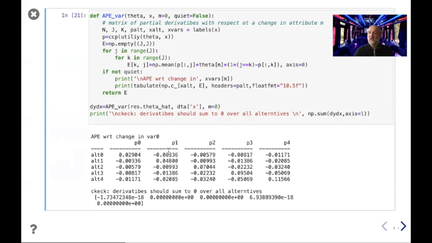And see here, market shares are going to be constant, because the probabilities sum to 1. So when you make a marginal change in one place, you have to deduct from all the other ones. A check here, really a check for whether you coded this right, is that all these derivatives need to sum to 0.